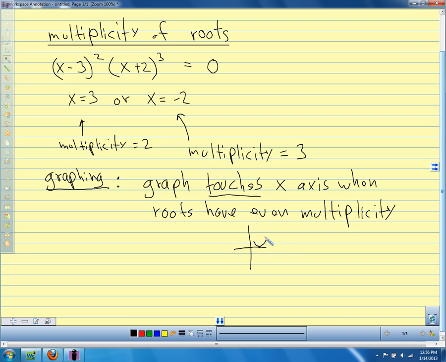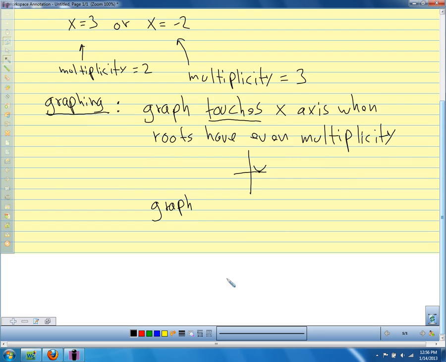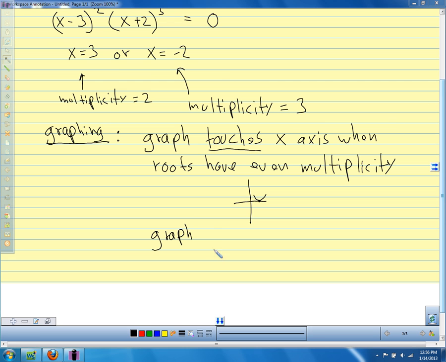In example number 79 that we just did, both of our roots had even multiplicity, so the graph couldn't go through there, it just had to touch. The graph goes through the x-axis when the roots have odd multiplicity.